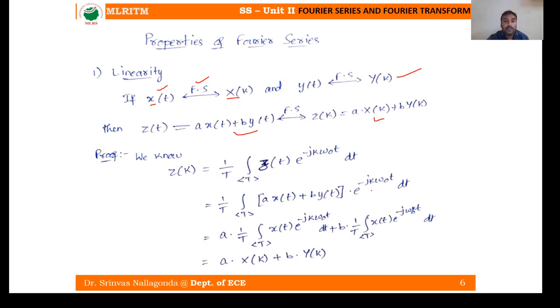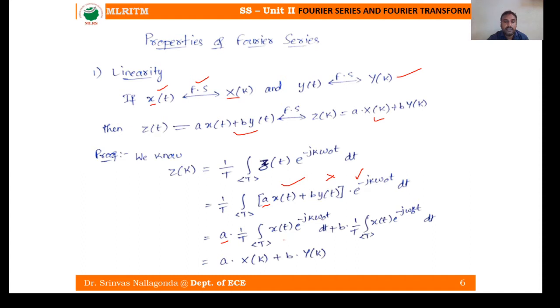Now multiply e power minus j k omega naught t inside. Then a comes out, 1 by T integral over time period T of x of t multiplied with e power minus j k omega naught t dt, plus b into 1 by T integral of y of t e power minus j k omega naught t dt.